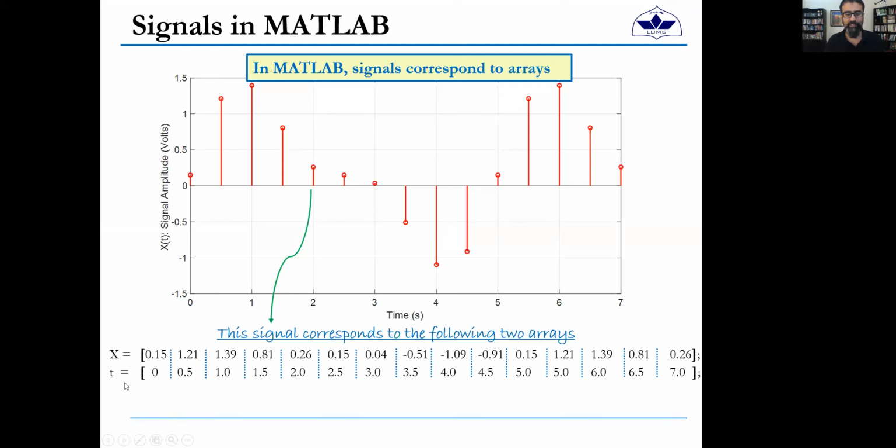Now, can somebody just quickly tell me, if I were to write this T out in MATLAB, right? Can somebody tell me some one-line statement which can specify this array? Ali Shirazi?